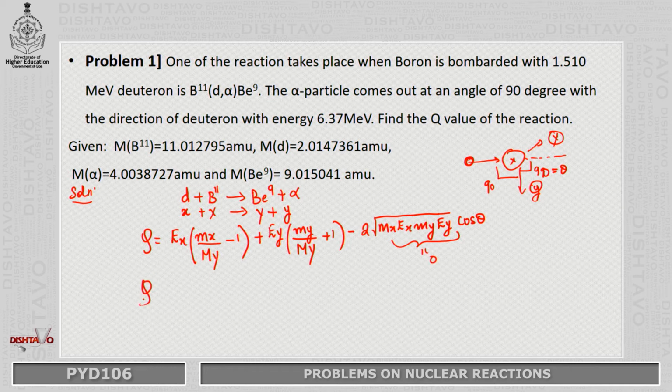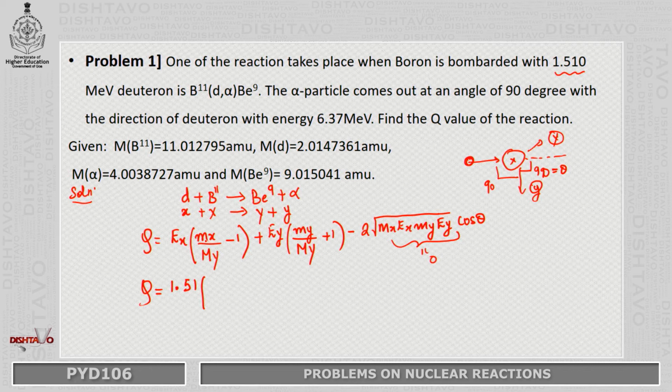So what will remain is, let us substitute the values. Ex is the energy of the incident particle, that is the energy of the deuteron, which is 1.51 mega electron volts.